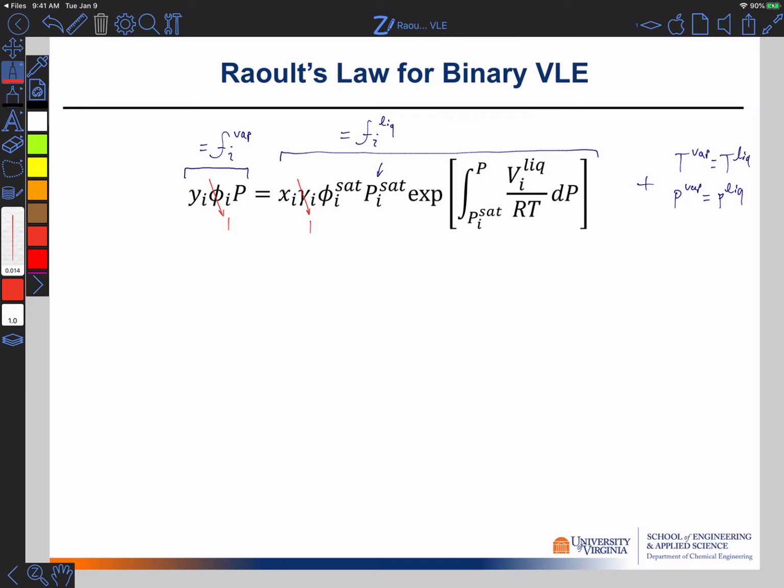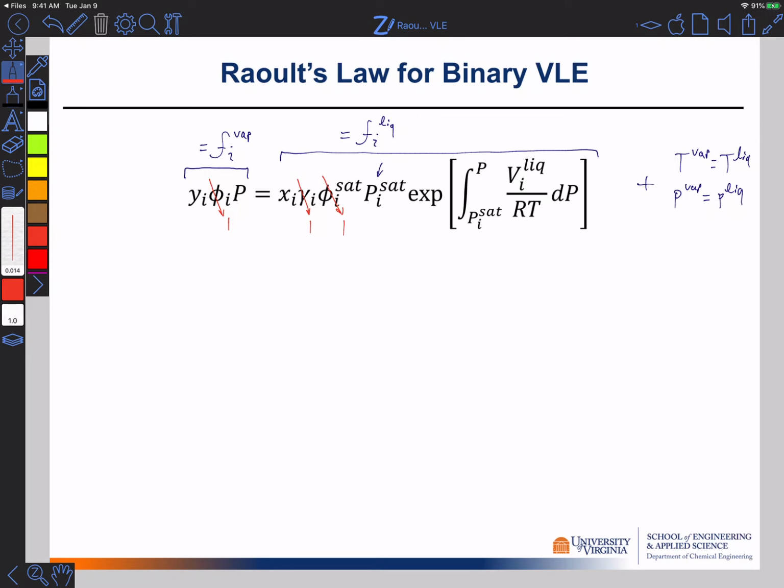And so if we're assuming that we have an ideal gas, that means we're going to have this fugacity coefficient at the saturation condition go to unity as well. Now, we could say there that we need to make sure that the ideal gas assumption extends to the saturation vapor pressure of the component at the system temperature, and that would be something we would need to check in terms of justifying that last assumption. But if over the ranges of temperatures we're looking at everything's ideal, then that goes to unity as well.